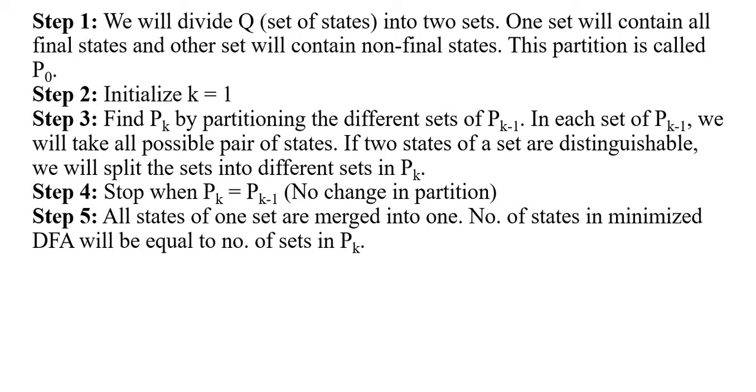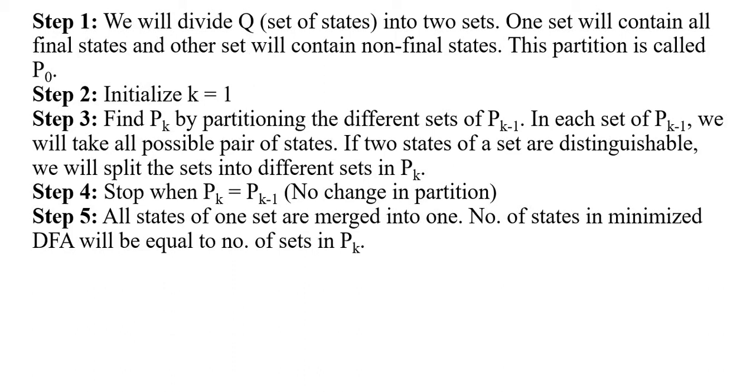So first divide all your states into these two partitions, final states and non-final states, indicated by P0. Now initialize k equal to 1. This is your counter variable, which is incremented at each step.